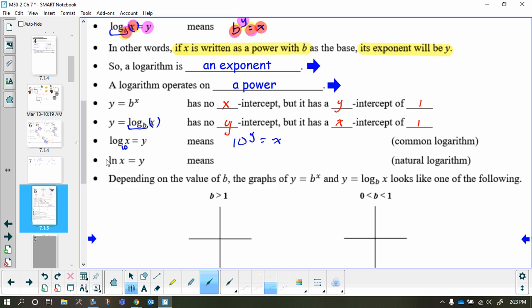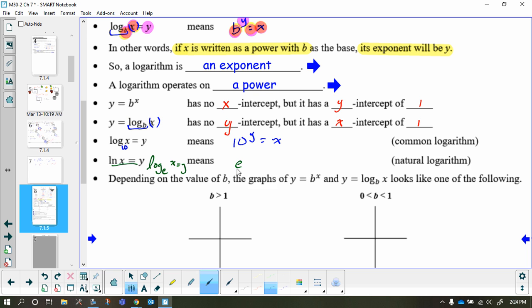Then as you look at the next one, this doesn't even look like a logarithm, but it is a logarithm. This is the same as the log base e, where e is Euler's constant, of x equals y. So this is the same thing as this.